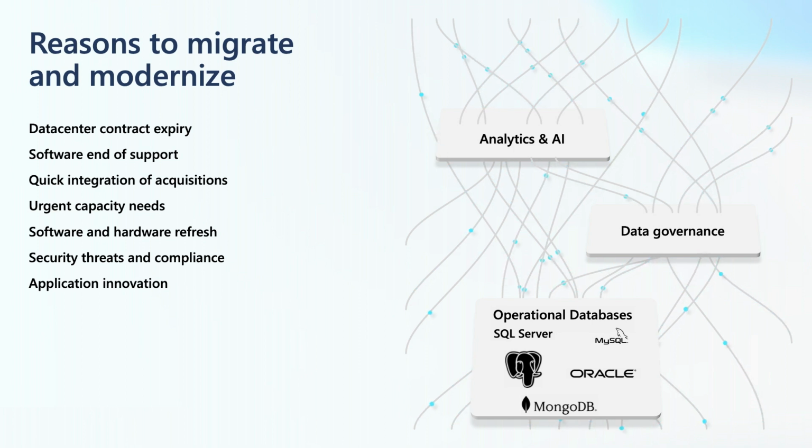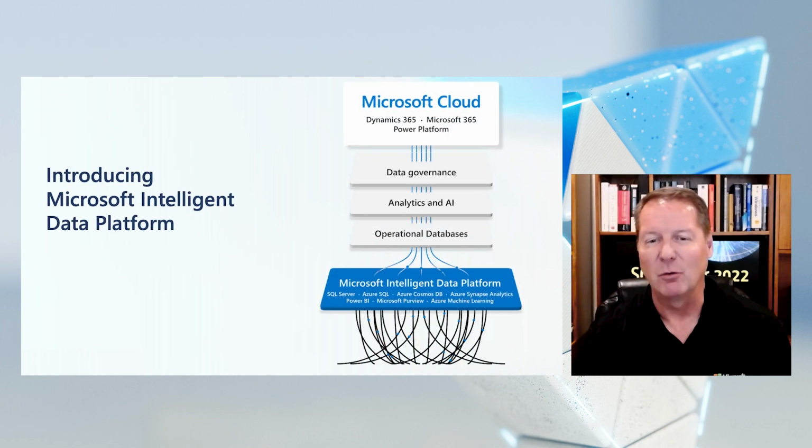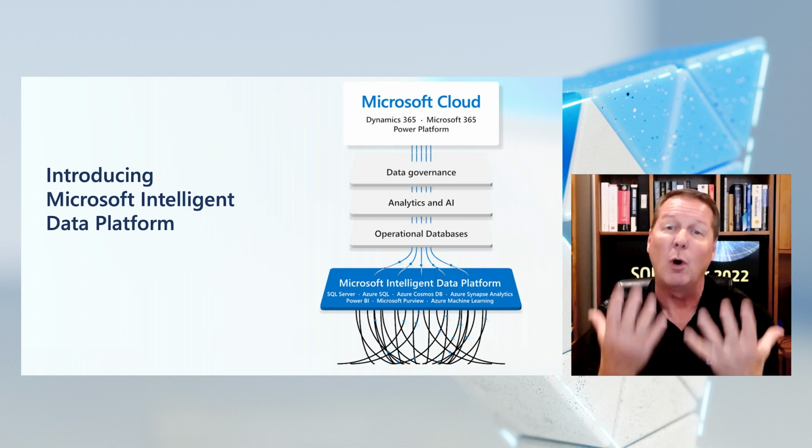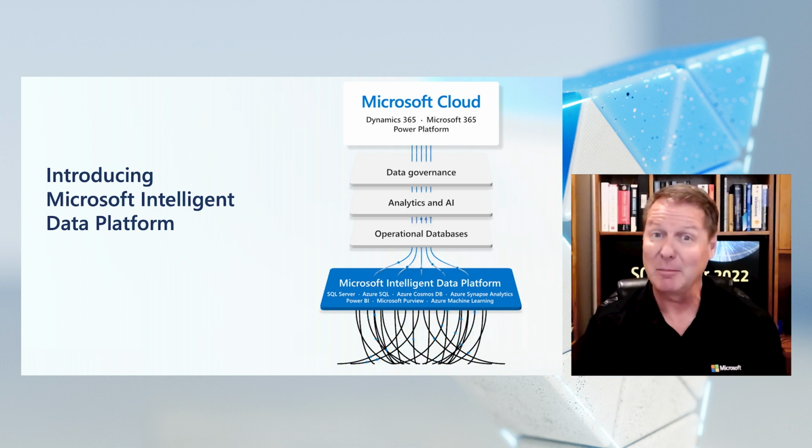And then security threats and compliance are huge. That is becoming certainly a critical part of our industry today, a critical part of data. And so if you think about operational data, governance, analytics, and AI, I cannot afford for these solutions to be disparate. I need something integrated because of all these different challenges that we're facing. So the Microsoft Intelligent Data Platform now becomes this interwoven, integrated experience of cloud services and even hybrid services.